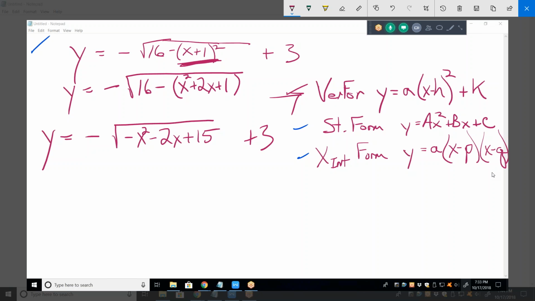Wow. You're not making this easy. What I was hoping is that we would end up with something that was a perfect square, like x plus 3 squared. And then, when you took the square root of it, you would have x plus 3.